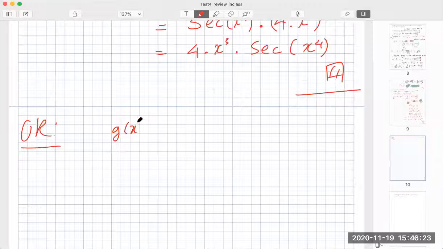We're given that g of x is the integral from 0 to x to the fourth of secant t dt.